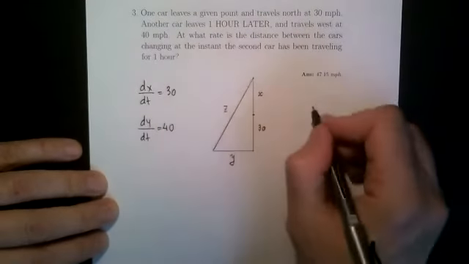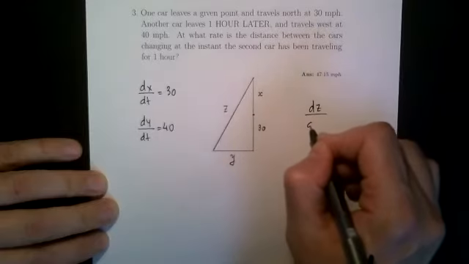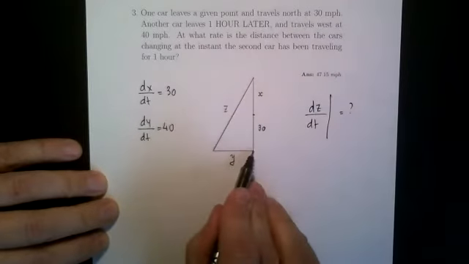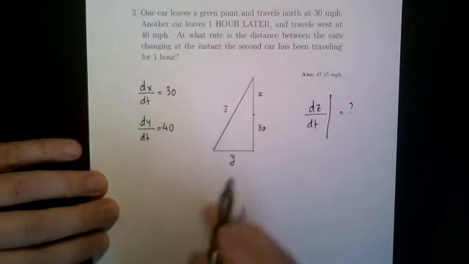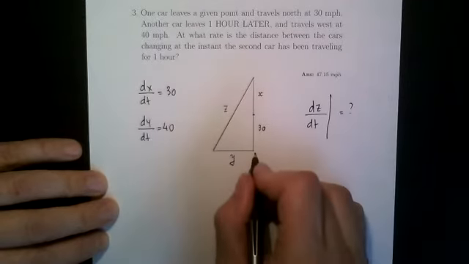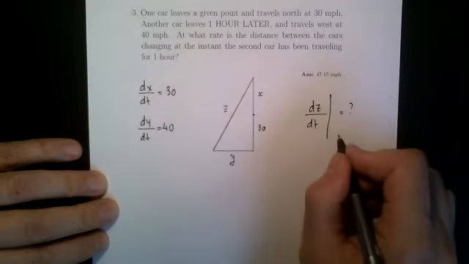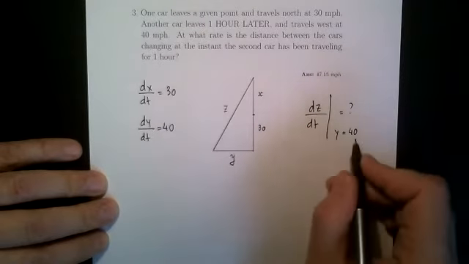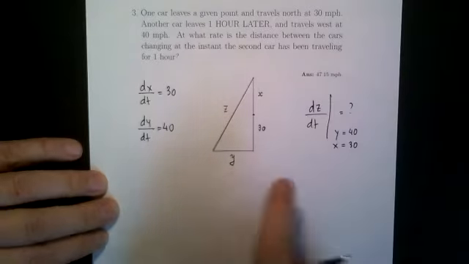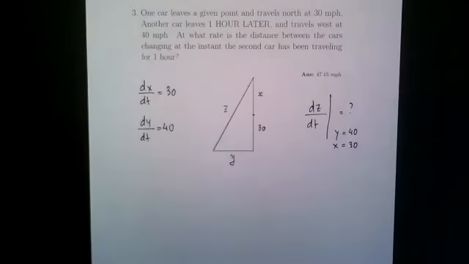Okay, we're looking for dz dt when the second car drove for 1 hour, so basically when Y is 40 miles, and also when X is 30. That's my problem. All good?